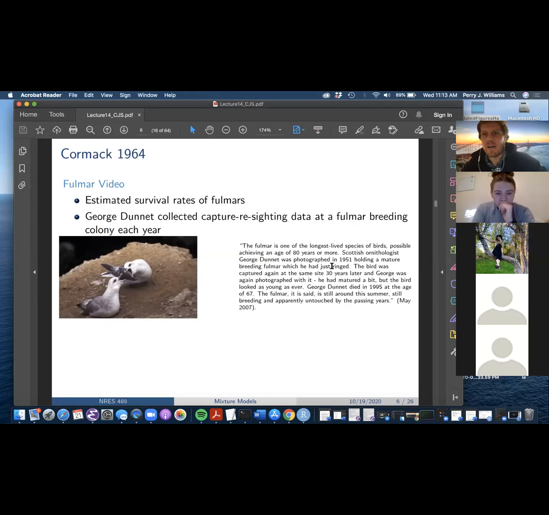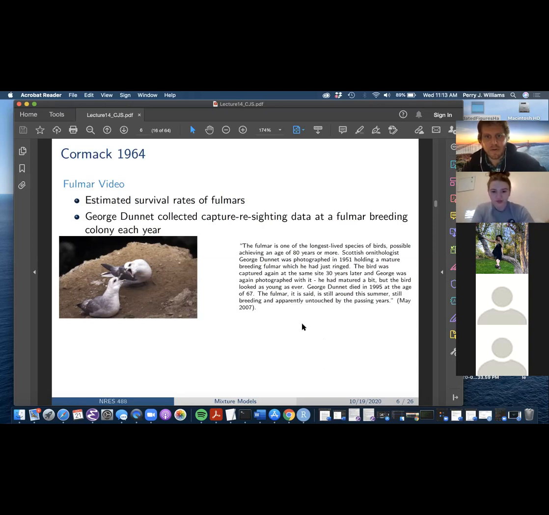In the US, we call it banding birds, but in Europe, they call it ringing birds. And there's a conference focused on statistical methods for wildlife populations called EURING, because of the ring association there.